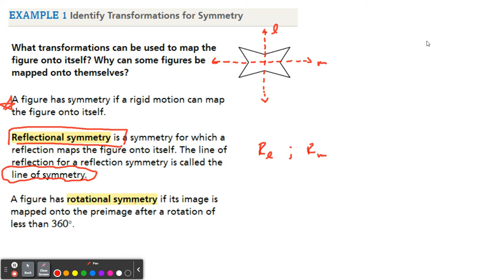Okay, and then lastly, you have rotational symmetry. Rotational symmetry is this idea that if you rotate the figure less than 360, notice it's less than 360, because if you go 360, of course, you're back onto yourself. Okay, so here, if we let the center be point C, typically they're multiples of 90, right?